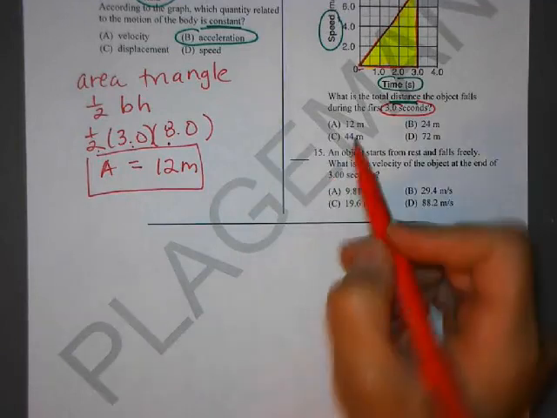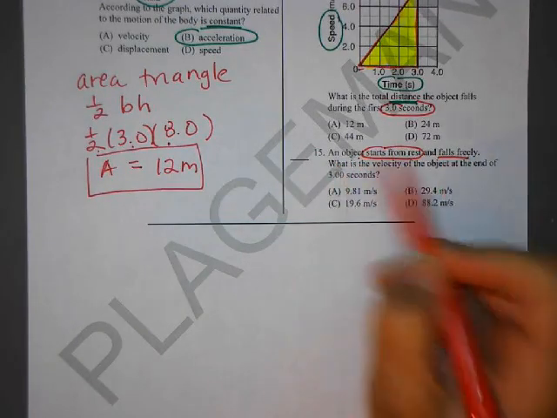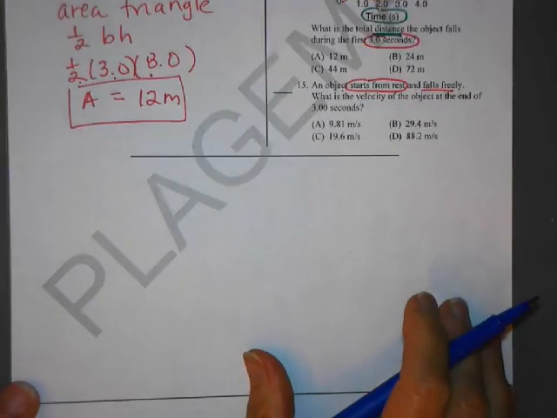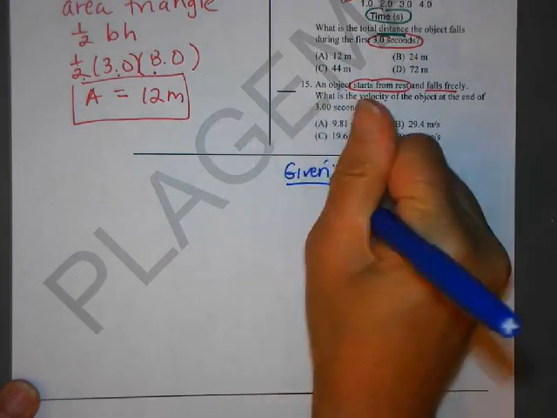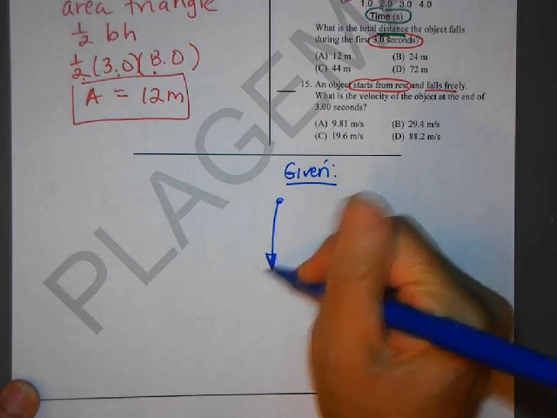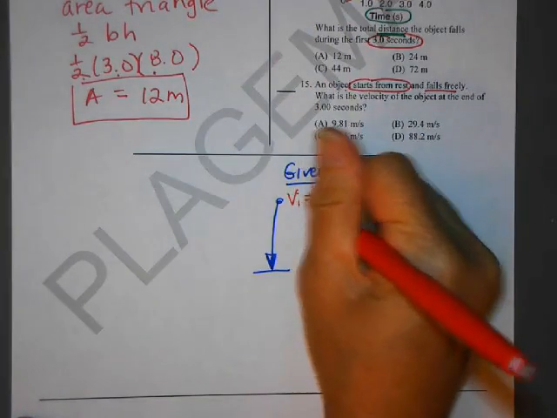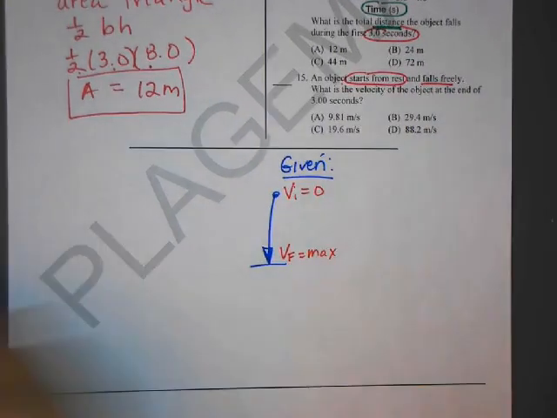And then the last problem is a free fall. It says an object starts from rest, falls freely. So for this one, we're going to do it just like we did our homework. So we're going to write our given. And I'm going to draw a picture. Here's the object falling to the ground. The initial velocity is 0. Here's the maximum velocity just before it hits the ground.